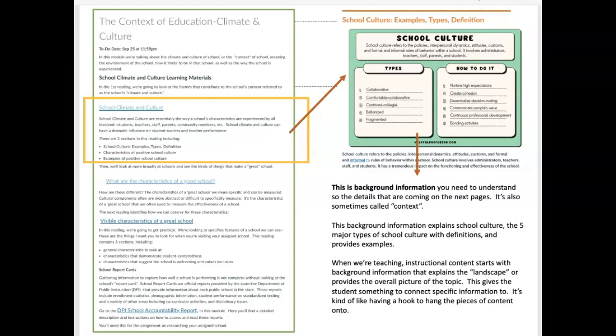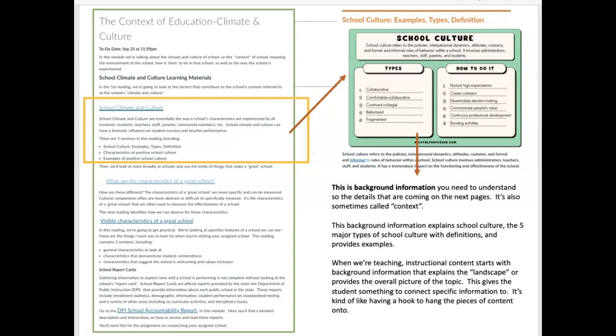So if in the assignment you said that you are going to observe for collaborative and you were going to observe for, let's see, balkanized or fragmented, those are the different types or classifications of school culture. And you can't really observe for that.